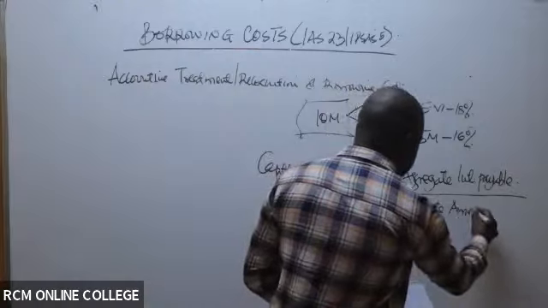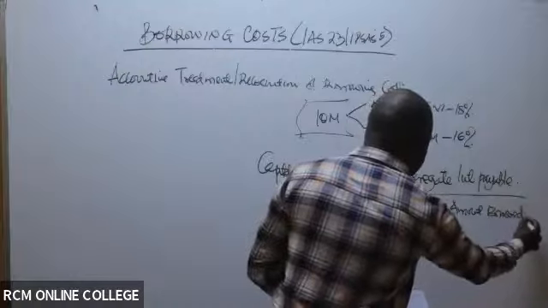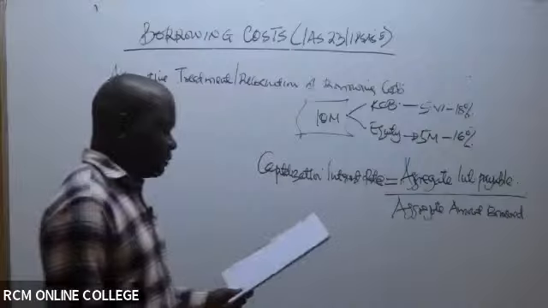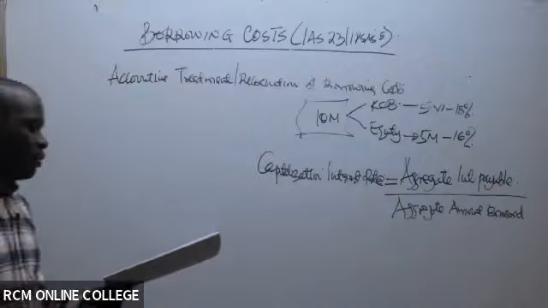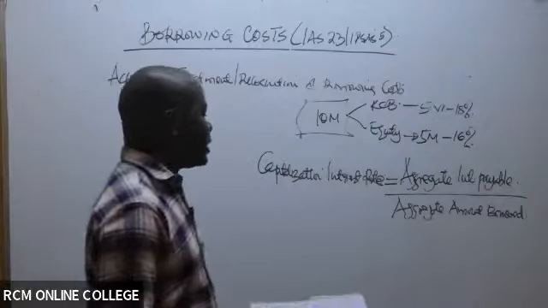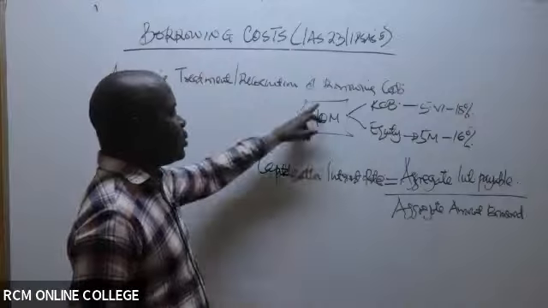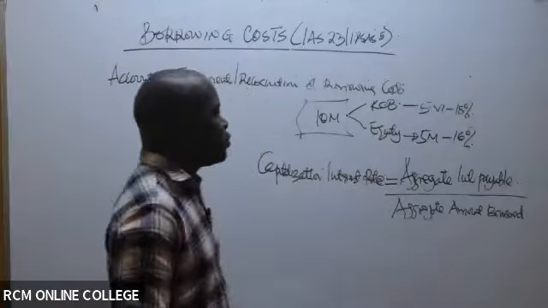Aggregate interest payable, you divide by the aggregate amount borrowed. That's how you get the capitalization interest rate if you sourced the funds from two different sources.